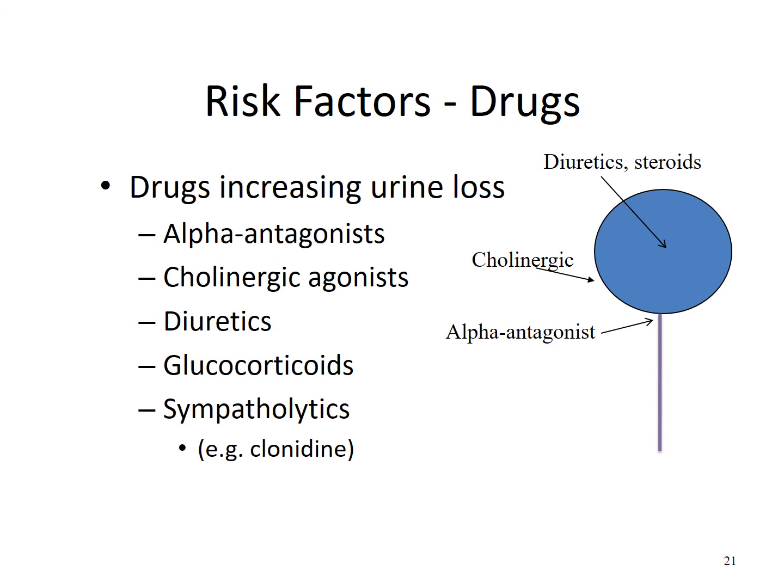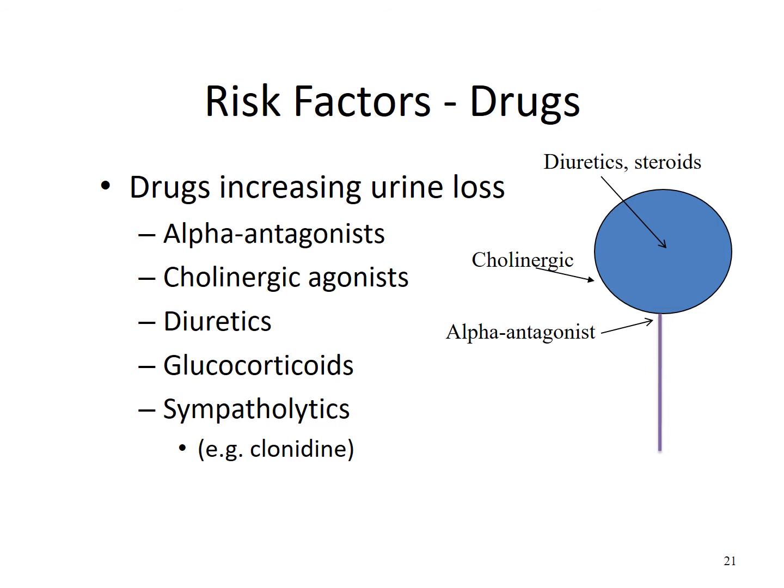Medications that increase urine loss include medications that increase urine volume. So anyone who's given a diuretic, there's going to be more and more fluid filling the bladder, causing some stretching, and then that's going to have a reflex contraction. And so anyone on a diuretic is at increased risk of urinary incontinence.